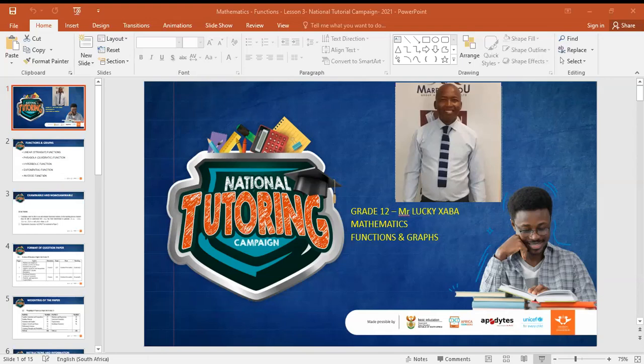They want the area of CDEO. There is the C, there is O. So this is the area that they want.